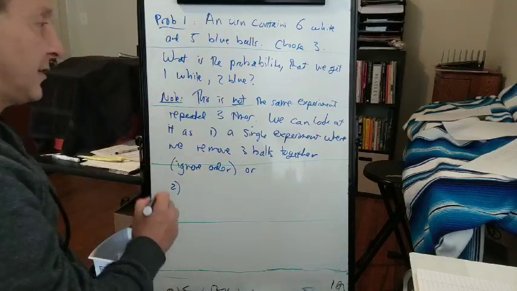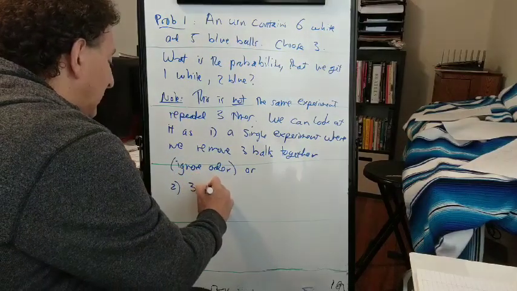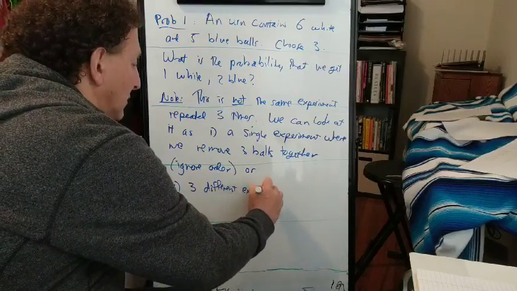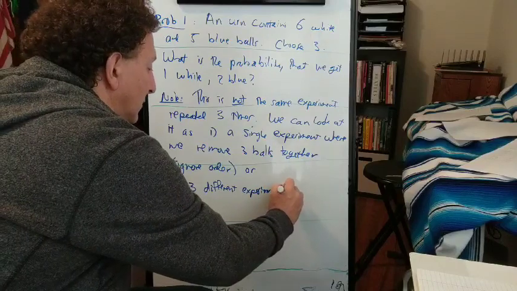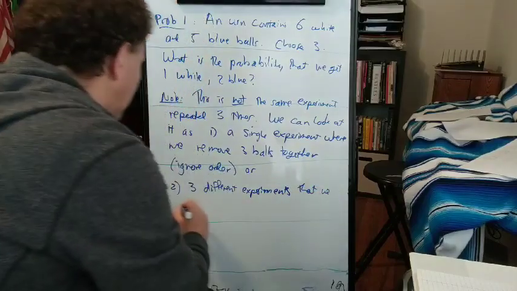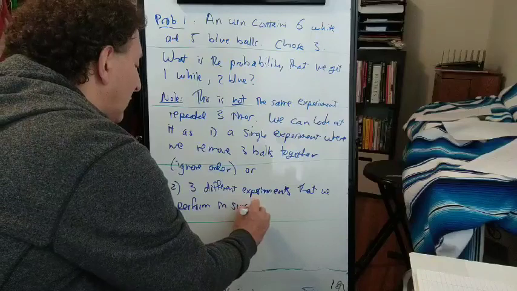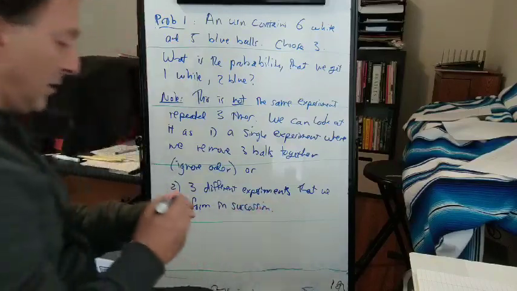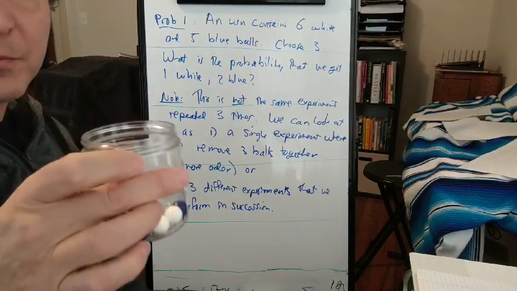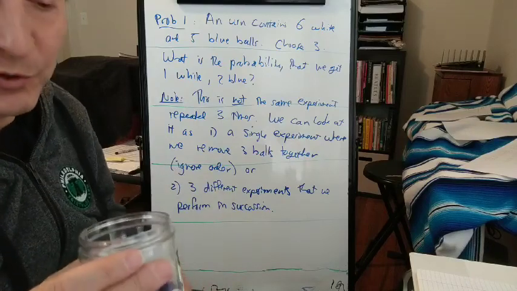Or we can look at it as 3 experiments that we do in succession, but they'd be 3 different experiments. Because if we take 1 ball out and then take another ball out, the second ball is coming out of an urn that has fewer marbles in it than the first one.